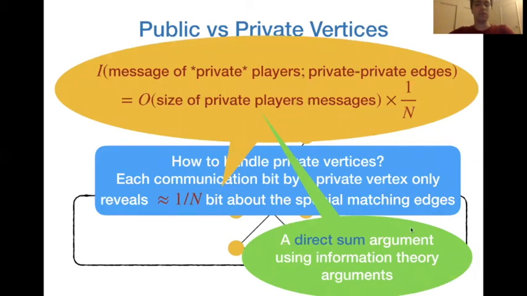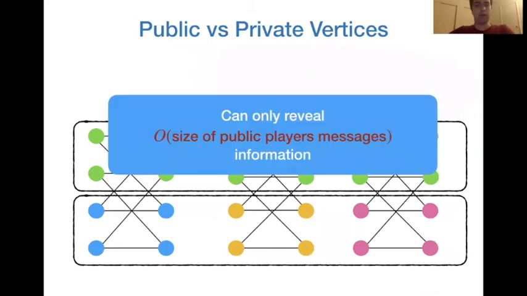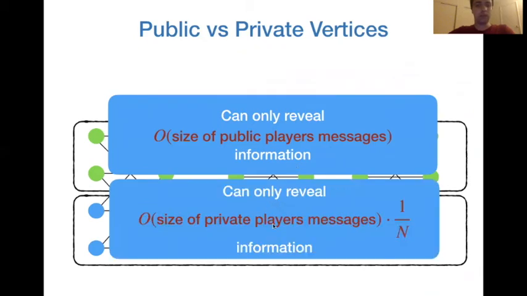This is based on a direct sum argument using information theoretic tools, but we have to be slightly careful to prove this result. So it's not a straightforward corollary of direct sum results. Good. So what happens is that public vertices can reveal information proportional to their messages, and private vertices will reveal information a 1/n factor smaller than their total messages.